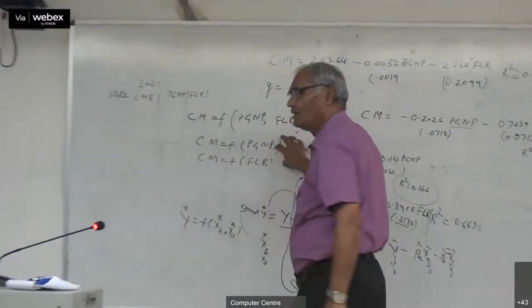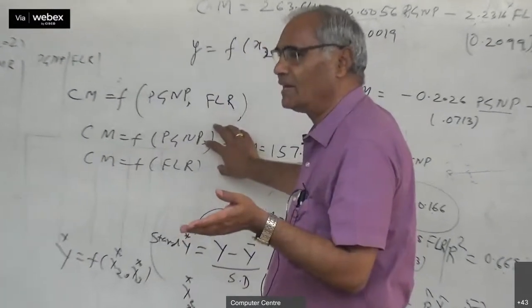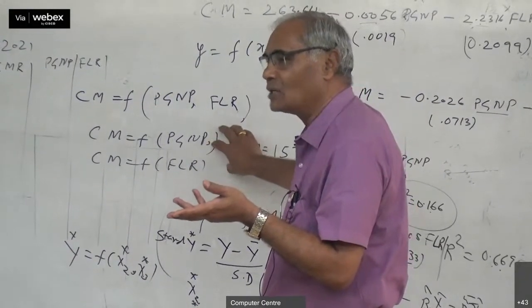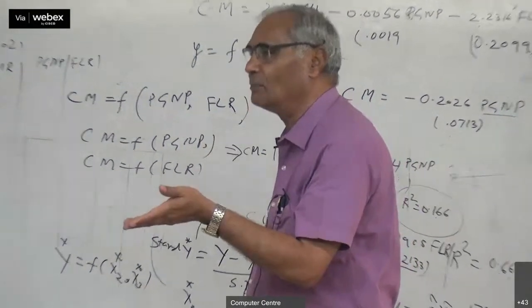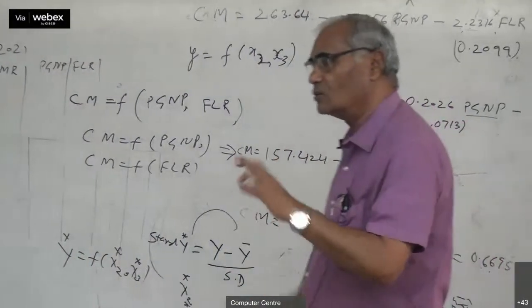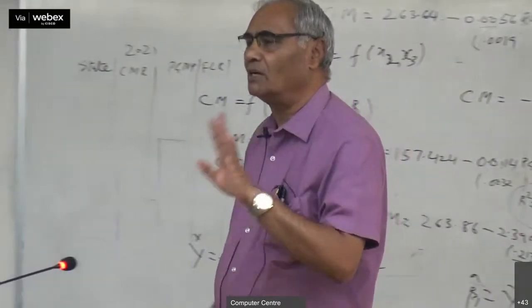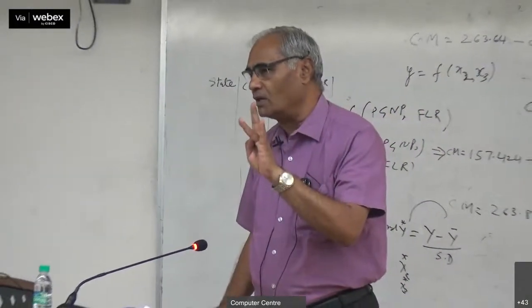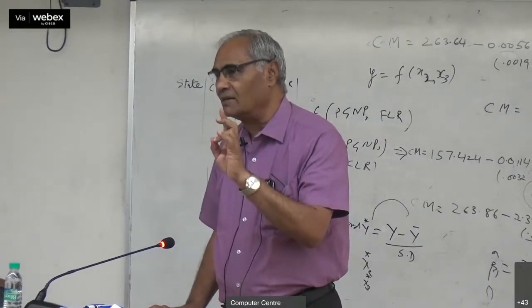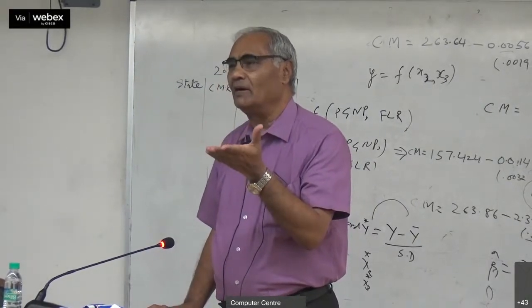If your dependent variable changes, the value of R square will change, because R square explains the variation in the dependent variable. There are three things which are important for R square: the size of the sample, the number of independent variables, and third, the value of the dependent variable.